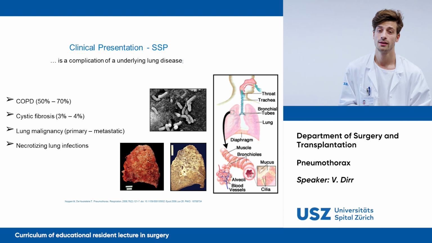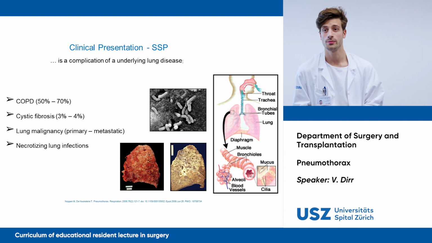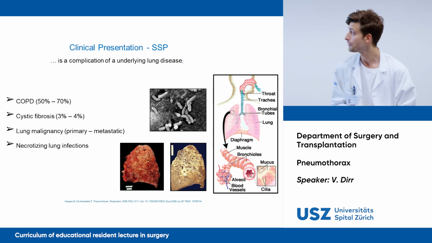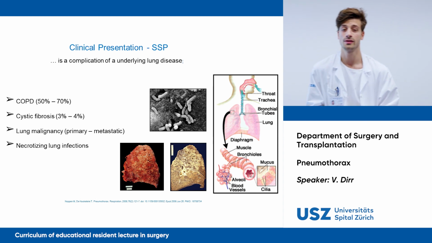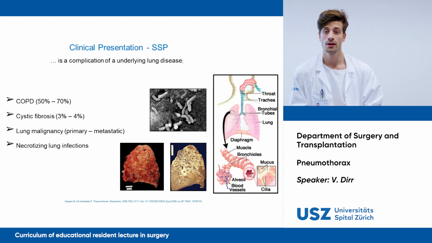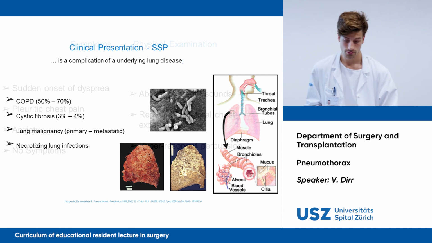And bear in mind that when the patient survives the 18th year, the incidence increases to 80 to 20% over their lifespan. Lung malignancy is more often seen in primary ones than metastatic cases. And necrotizing lung infections are, for example, bacterial pneumonia, tuberculosis, or a SARS-CoV infection.